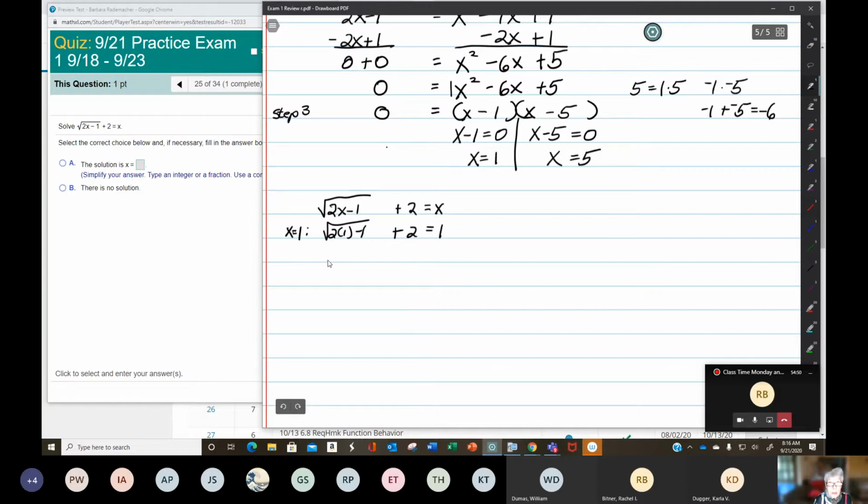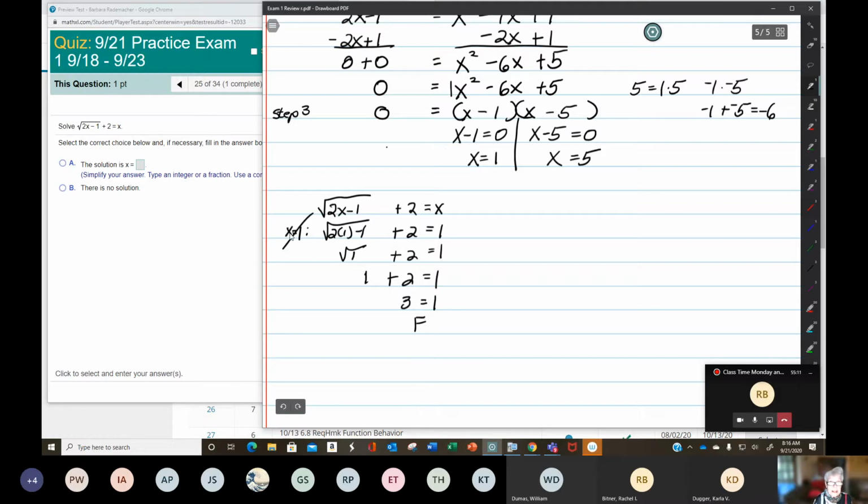Well, you can just already do this and you can tell it's going to be false. I mean, really? 1 plus 2 equals 1? I don't think so. So this is false.